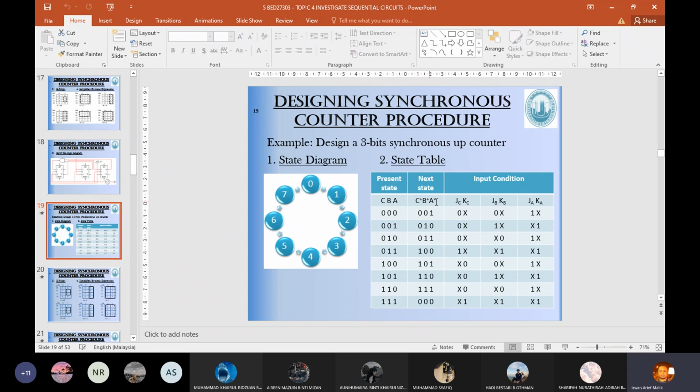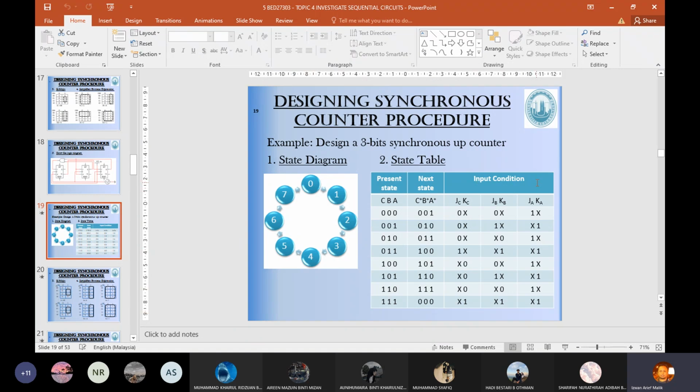Next state, C plus, B plus, A plus. So 0 to 1, 1 will go to 2, 2 to 3, 3 to 4, 4 to 5, okay? 5 to 6, 6 to 7, 7 to 0. So you dapat dia punya next state.